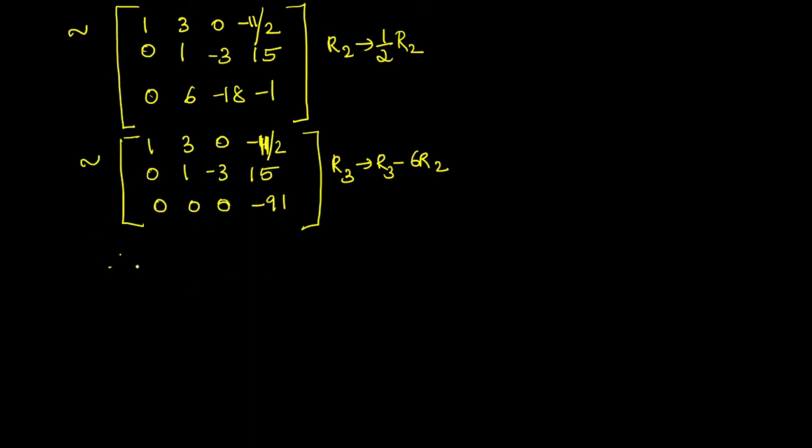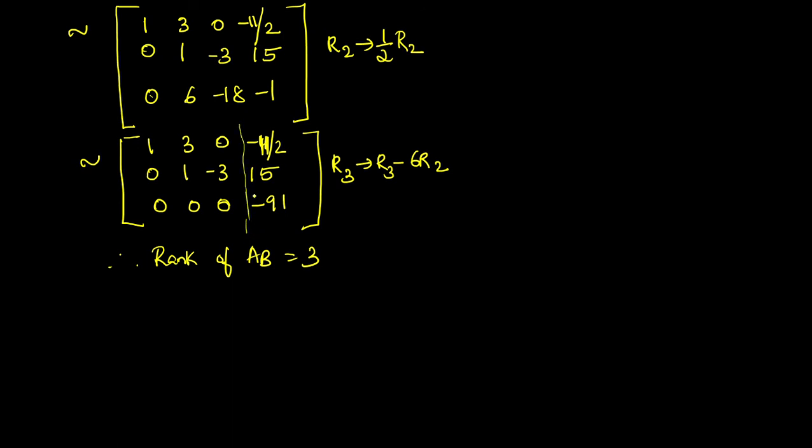Therefore, rank of AB equal to 3. From here itself we can find the rank of matrix A, because we have formed this matrix AB by appending the matrix B to A. So for finding the rank of matrix A, just ignore this column.